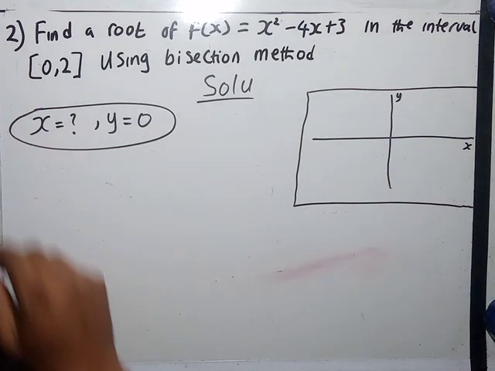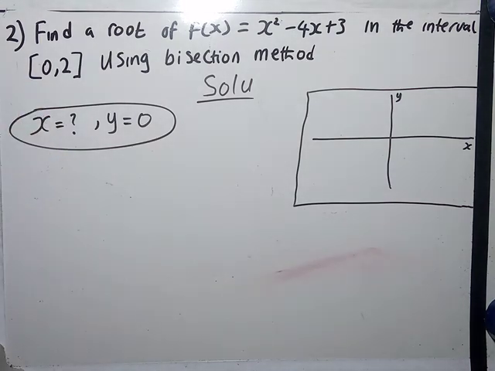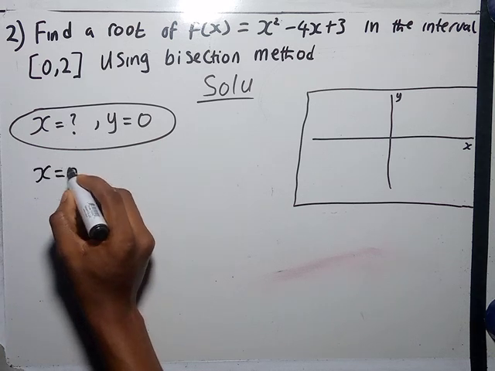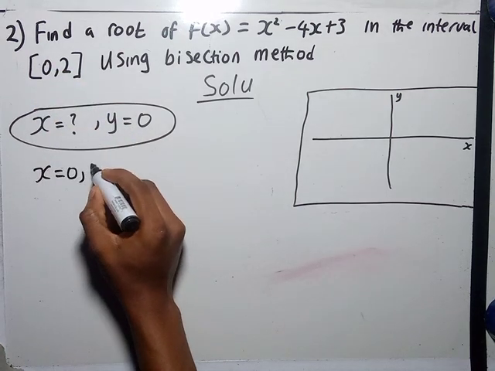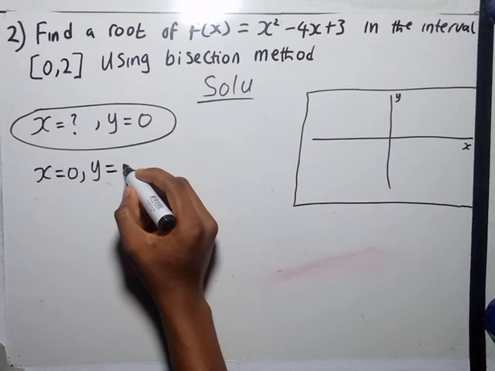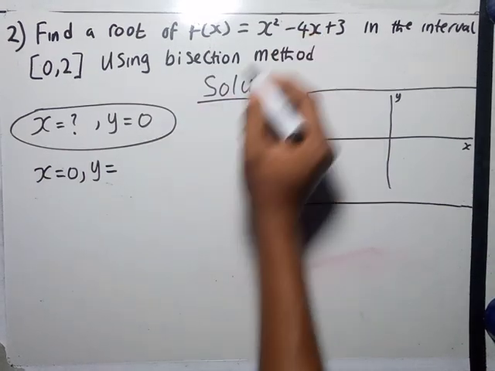First of all, ask ourselves, what is y when x is 0? We'll say that y is equal to x squared minus 4 times x plus 3.